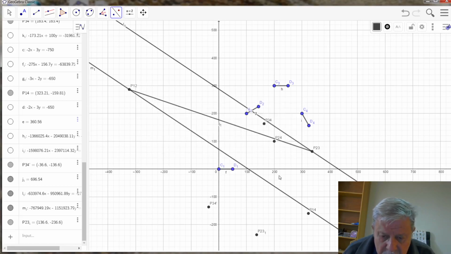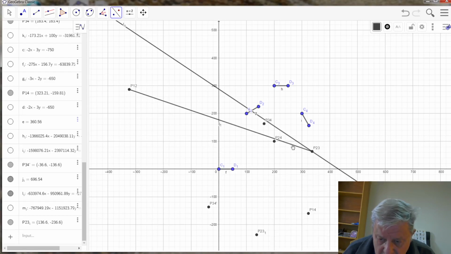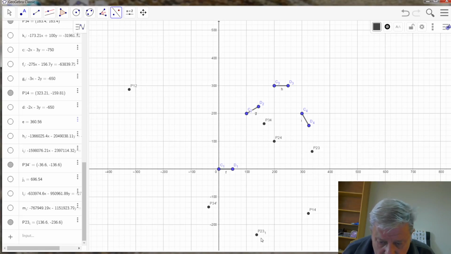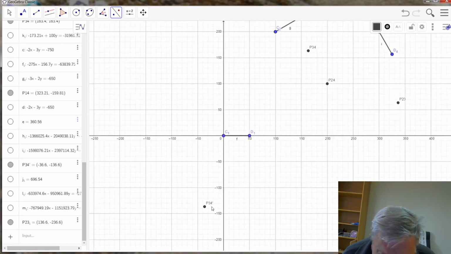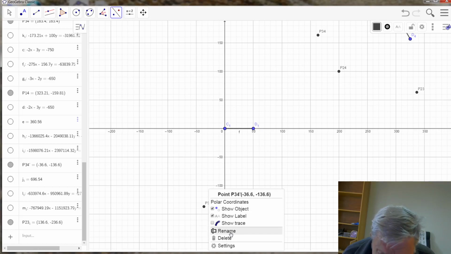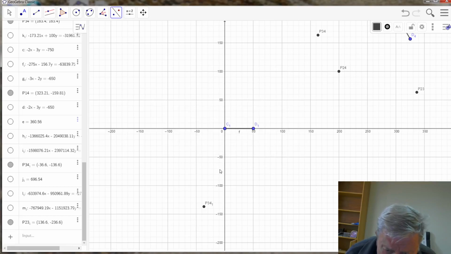And lastly, I'll hide this. This is P231, P341. No, it has changed. Rename it. I know I had done it correctly, but okay.